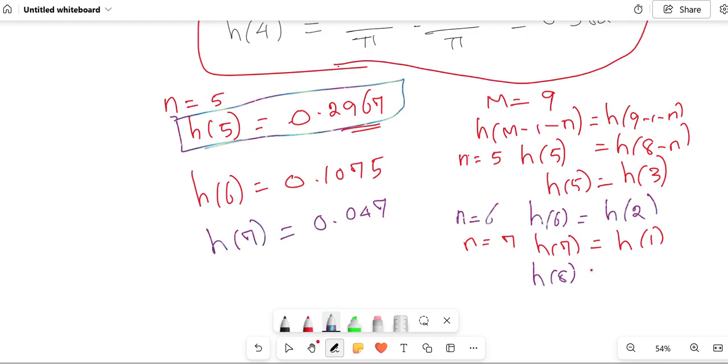Similarly, the next one is h of 8. In that case we get h of 0. So what is h of 0?